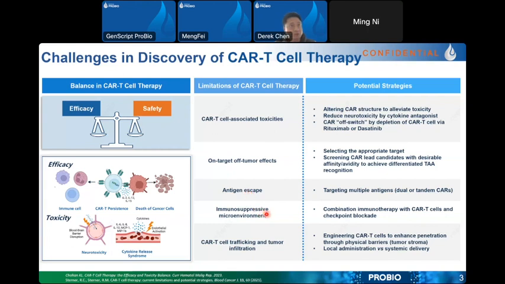For the immunosuppressive microenvironment, combination therapies with immune checkpoint inhibitors offer alternative solutions. And for the CAR T cell trafficking and the tumor infiltration, local administrations like the intratumoral injections are being investigated.